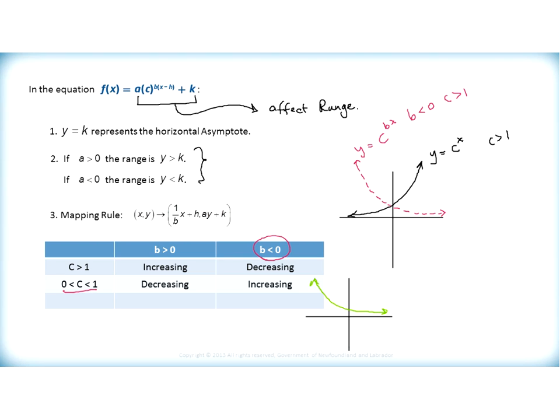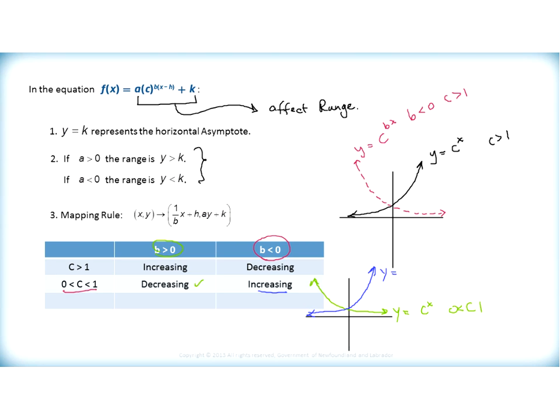This is a decreasing function, y equals c to the x, where c is between 0 and 1. If b is greater than 0, no reflection, it's a decreasing function. But if b is less than 0, then again we will get a reflection in the y-axis. If I take that graph and reflect it in the y-axis, it now becomes an increasing function.